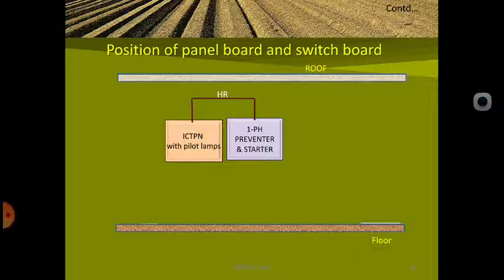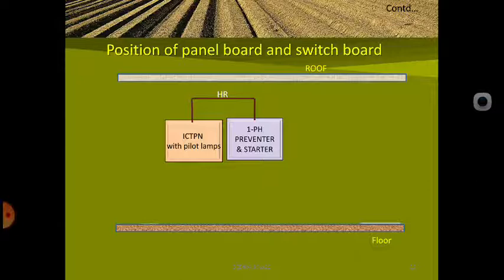Here in our Telangana, I think most of the agriculture fields are not using 3-phase energy meters. From a standard point of view, we have to place one energy meter before the ICTPN switch, where it measures the input.